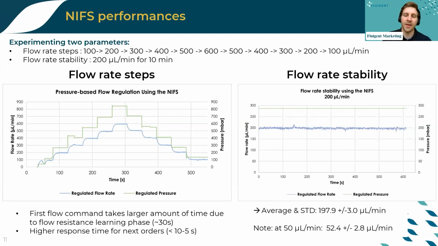When I made an experiment at 50 microliters per minute, I reached an average of 52.4 microliters per minute with a standard deviation of 2.8, sorry. So it's slightly above 5% accuracy, but it can still be good enough for some of your applications. That's up to the performance requirements you need and the flow rates you want to achieve.